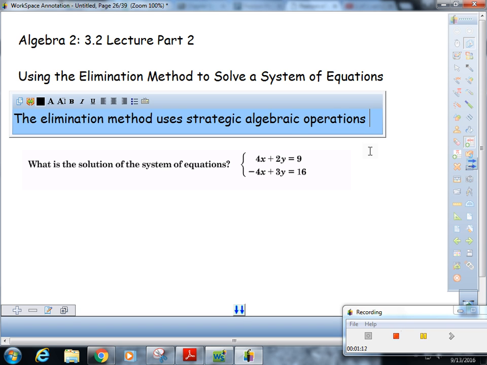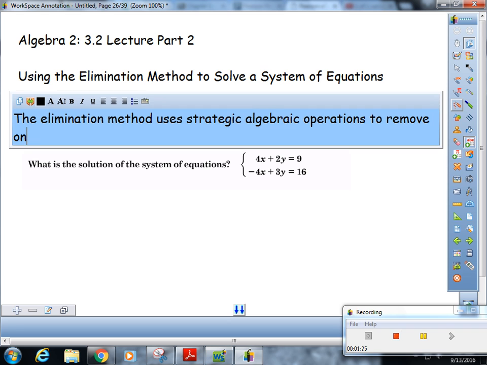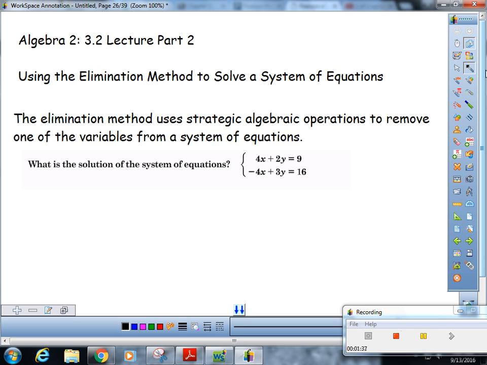Let's try to make this as dorky as we possibly can. Can I use eliminate? To remove one of the variables from a system of equations.